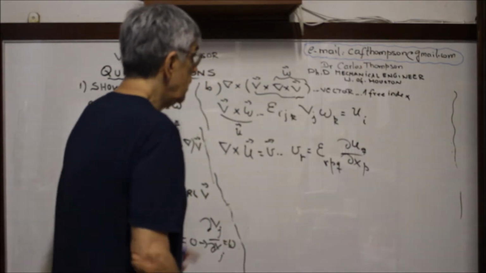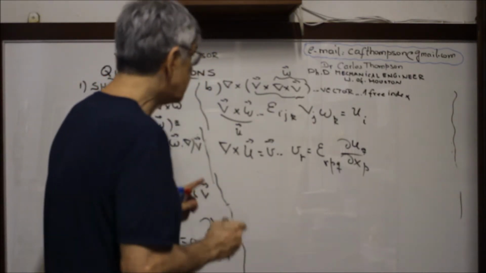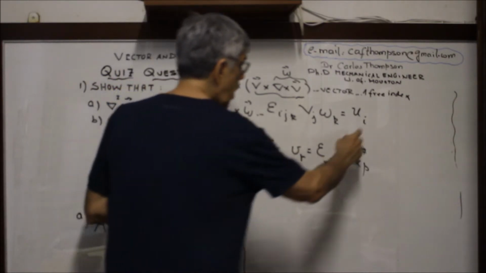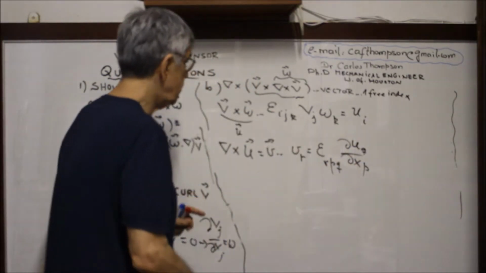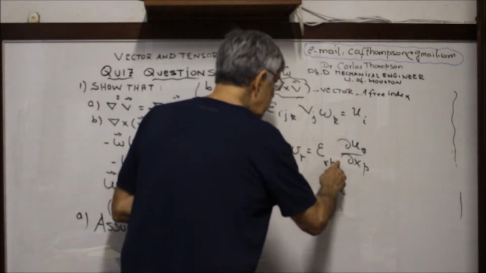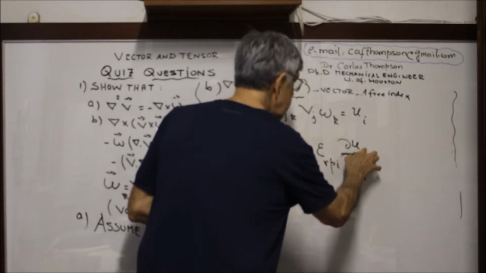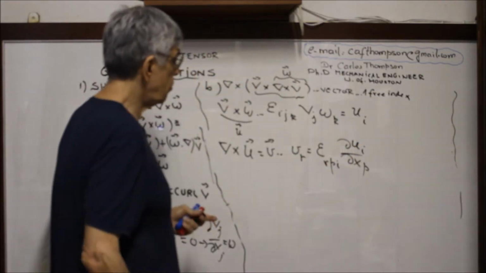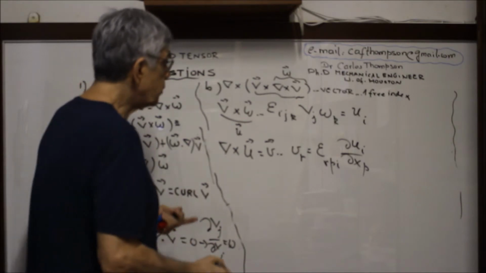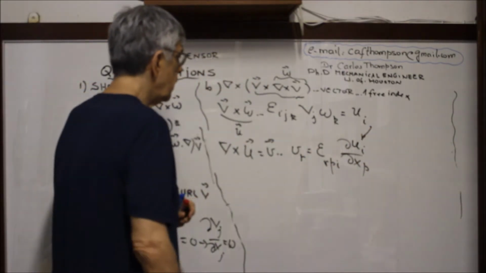Now, I want to substitute Ui over here. No problem. I just erase here, put i, just erase here, put i. So I substitute Ui right here.